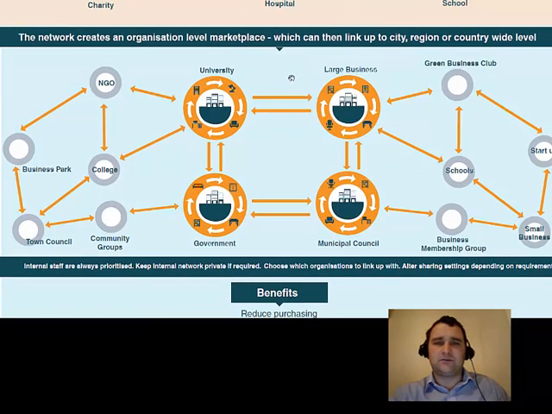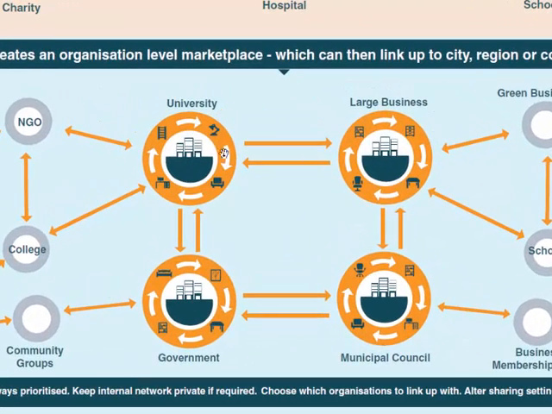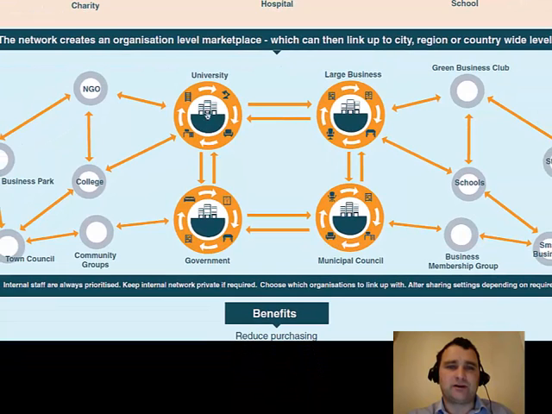On a bigger scale, what you then find is you have all of these organizational level marketplaces where staff are swapping and trading assets in different organizations. If those assets then become available, it can be traded with third parties.